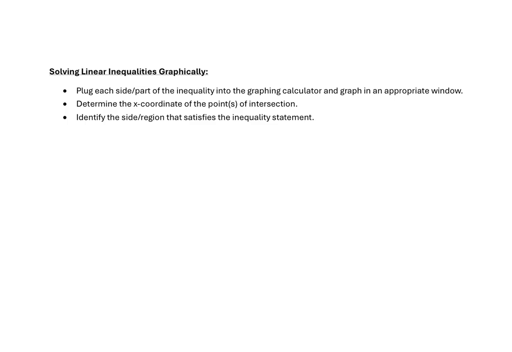In order to do this, we're going to start by just considering it as an equation. Remember that when we solved equations, we found our point of intersection and we kept the x-coordinate. When we talk about inequalities, we're going to add a step onto this, and we want to identify the side or the region that satisfies the inequality statement.